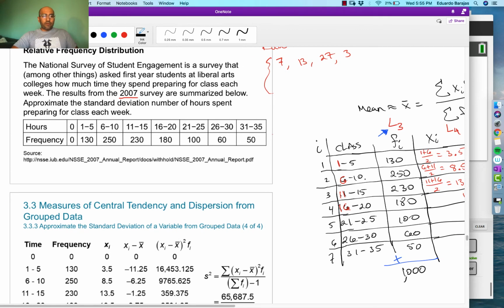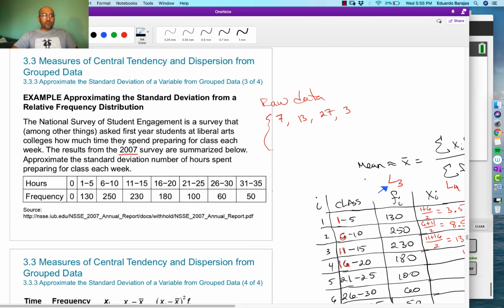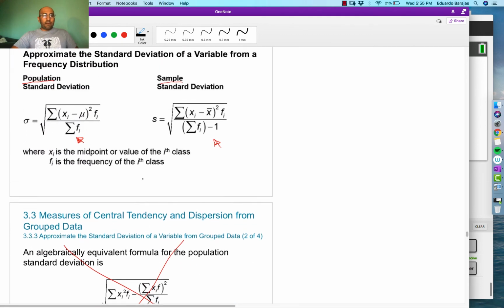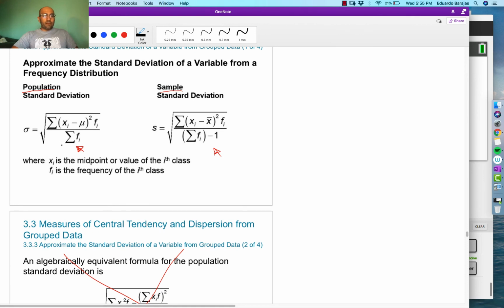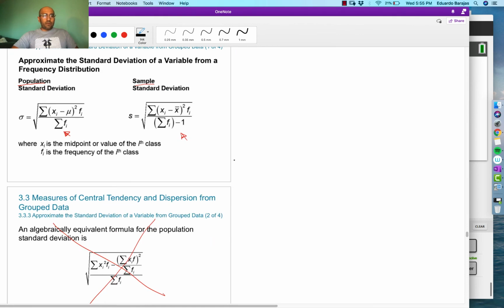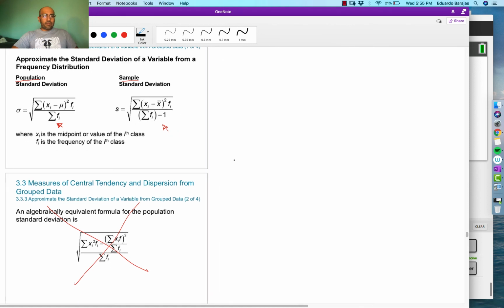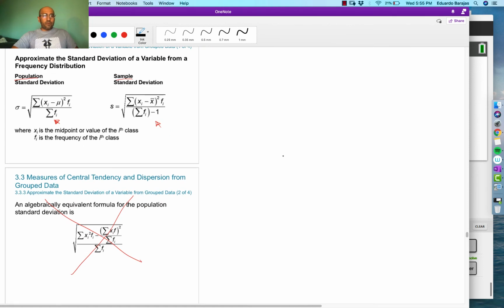Coming back over here, we were trying to find an approximation for the standard deviation of this data, and we're going to do that by using this formula. Okay, so let me back this up again. All right, so we want to do a very similar kind of thing, except to figure this out.